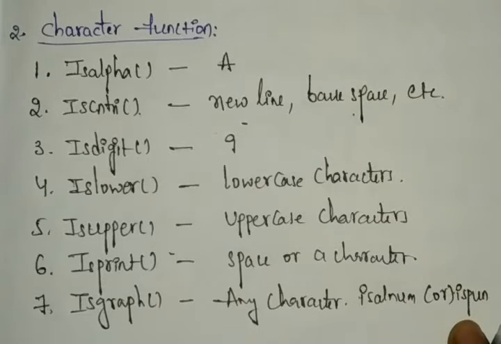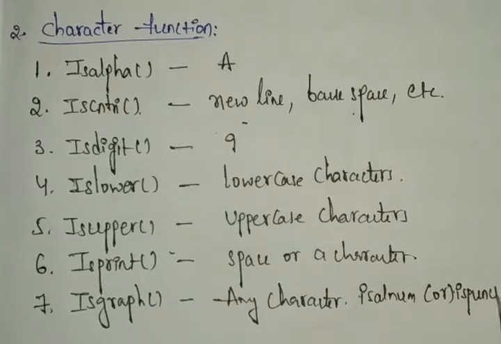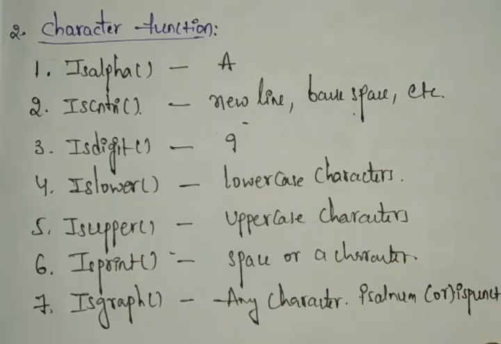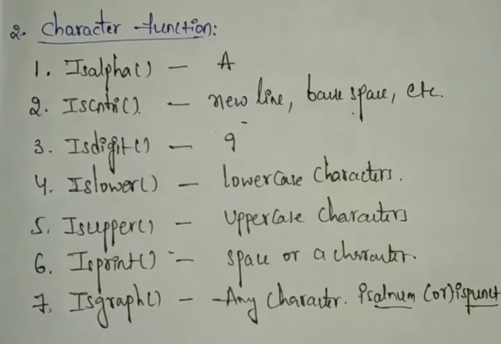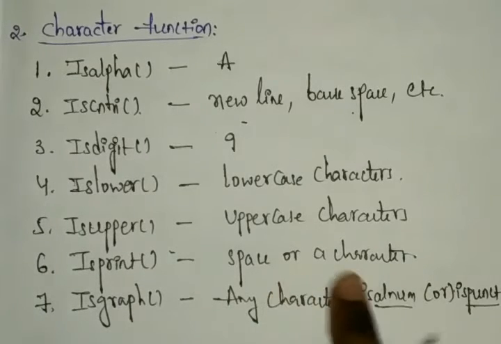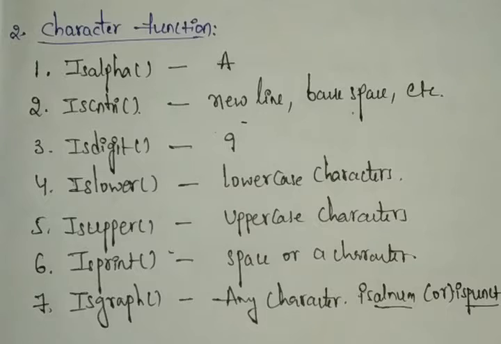We have some punctuation symbols, right? For those keys we can also use isGraph. isGraph covers any character like alphabets, numbers, and punctuation symbols like special symbols. So this isGraph is used in isPrint.